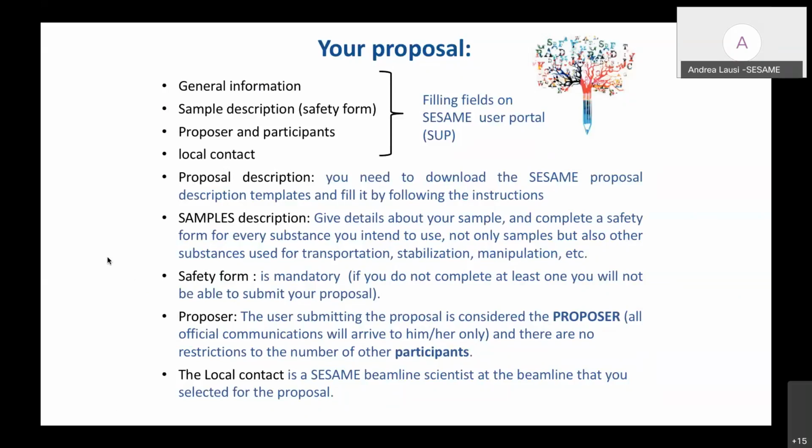And this is mandatory. You at least have to fill in one, and if you have more samples, you can have many safety forms, obviously, but if there is no safety form uploaded, you will not be able to proceed with the submission process.